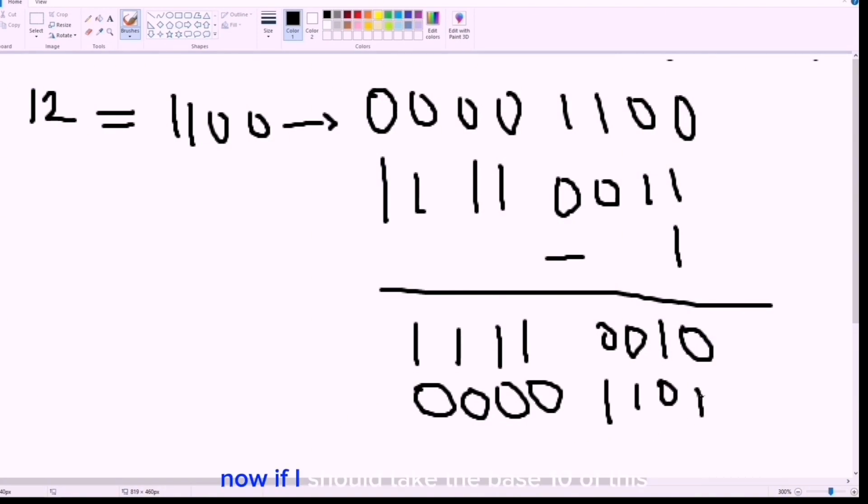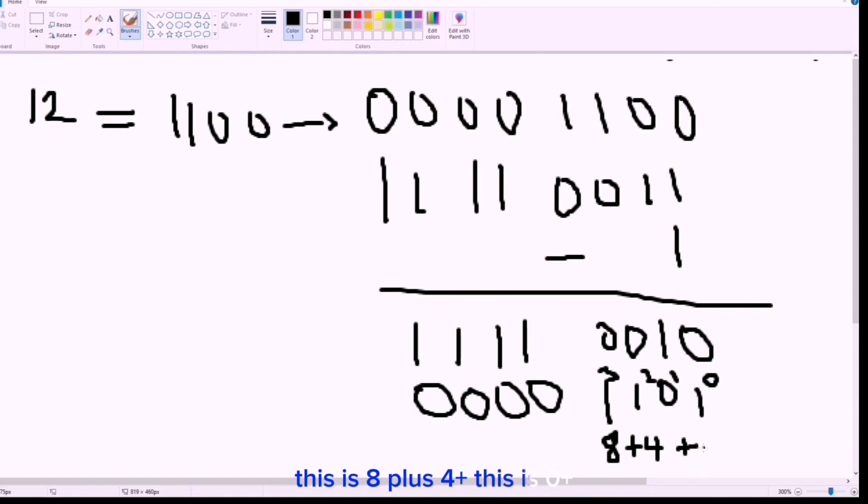Now, if I take the base 10 of this, it is 0, 1, 2, and this is 3. So this is 8 plus 4 plus 0 plus 1. 8 plus 4 will give us 12, and this is 13.